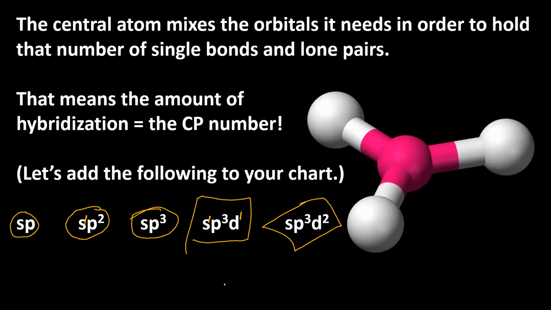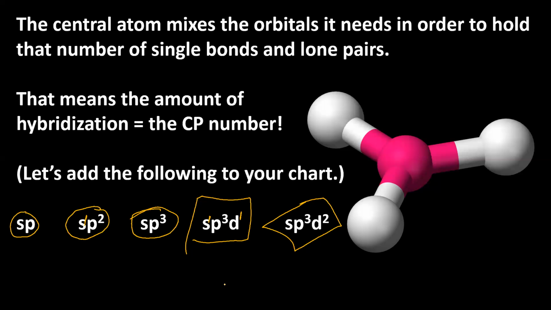So as you get to your practice later, you're going to start seeing, I put in a little hybridization drop down. And so you're going to look at your CP and you're going to drop down to whatever hybridization adds up to your CP, and that's all there is to it. So it's a recognition that the atoms blend together their orbitals.